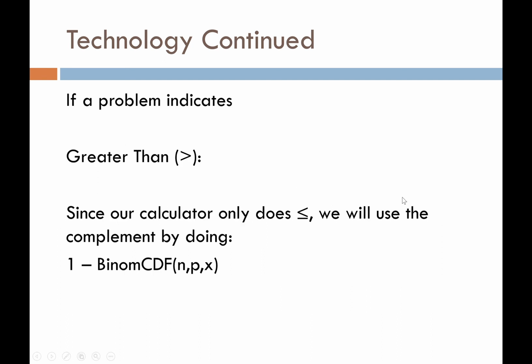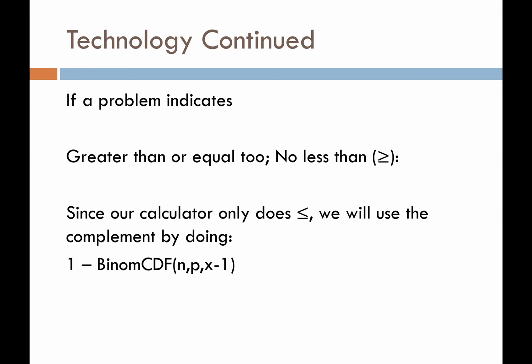If a problem indicates greater than, since our calculator only does less than or equal to, we have to use the complement. So you're going to do 1 minus binomcdf(n, p, x), and put the information in as it follows, and you should get the value you hoped for.